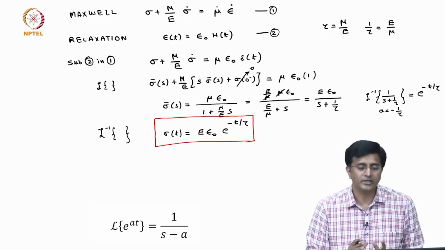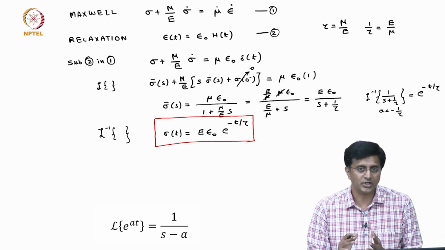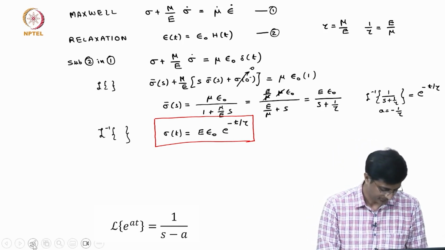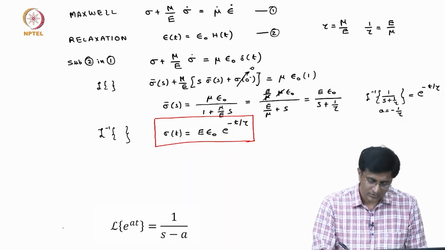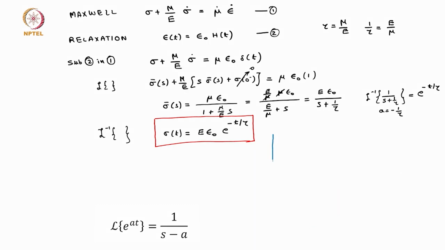But now let us look at how this response can be visualized. So, we said the input is, with time, the strain is constant at epsilon naught. Now, we are interested in how the stress varies with time.